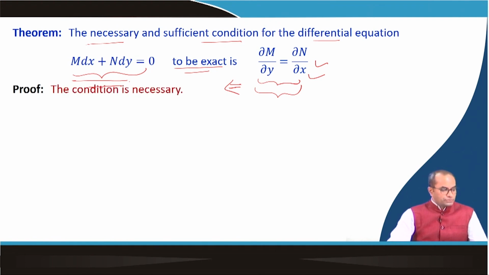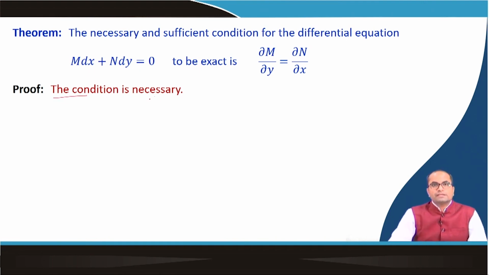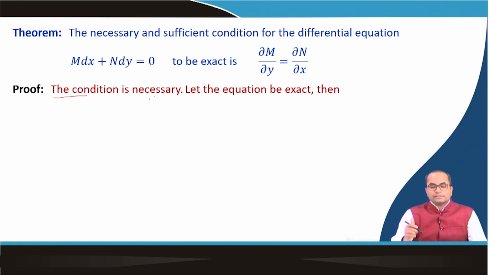Okay, so let us go through the proof of this. First, we will show that the given condition is necessary, meaning that if the equation is exact, then this relation holds.